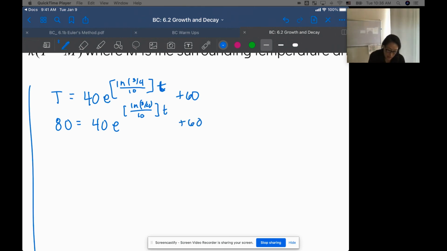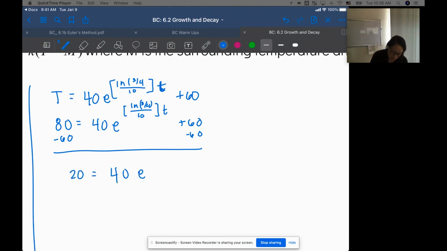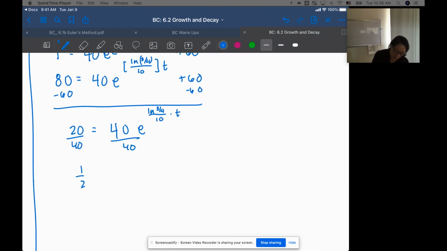Subtract 60, and I end up with 20 is equal to 40 e to the (ln of 3/4 over 10) times t. Divide by 40. We're almost there. So 1/2 is equal to e to the (ln of 3/4 over 10) times t.